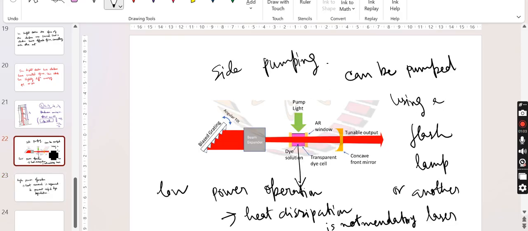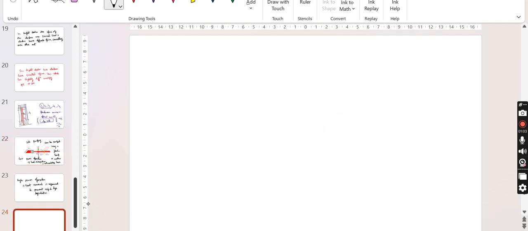So here a laser light has been used, but if we use laser light as a side pumping, there is no problem.